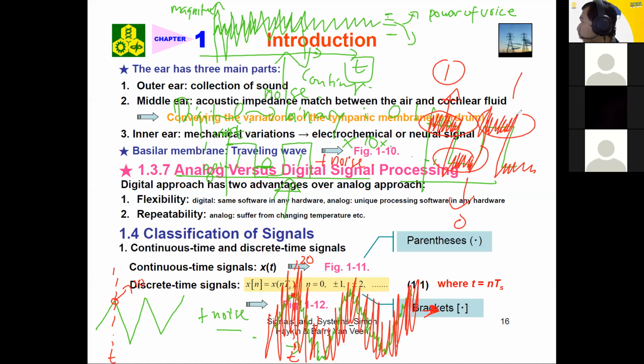This is 1, even affected by noise. So by comparing two representations of signal, we can see that the digital signal is more robust to the noise.